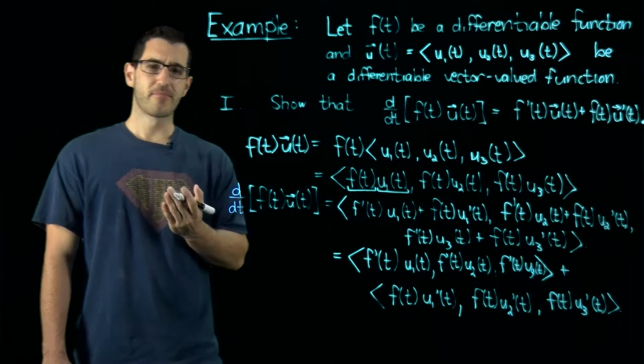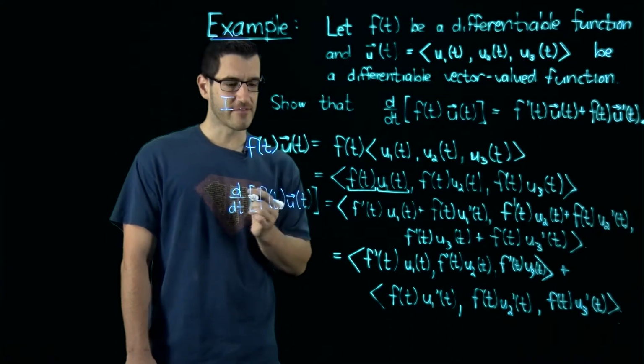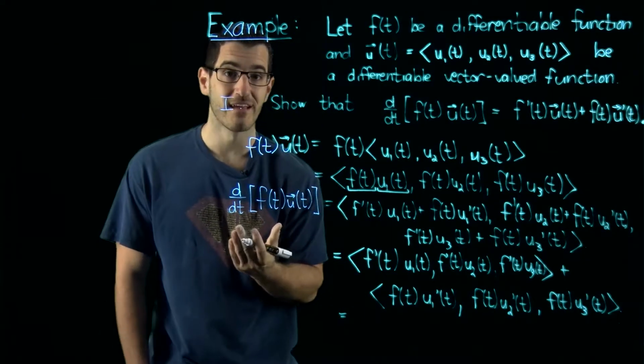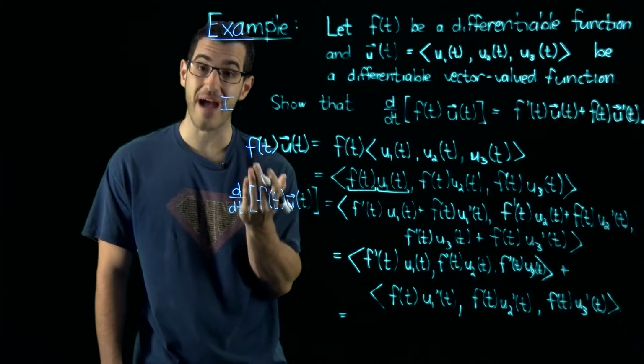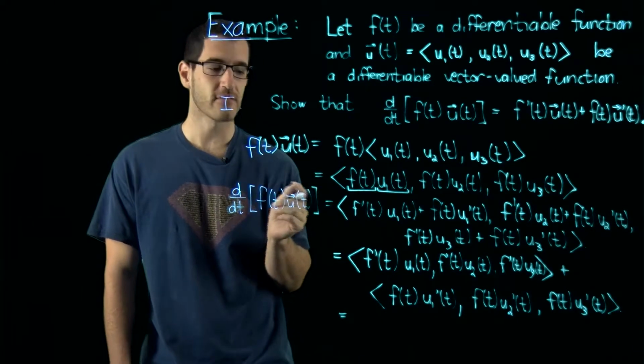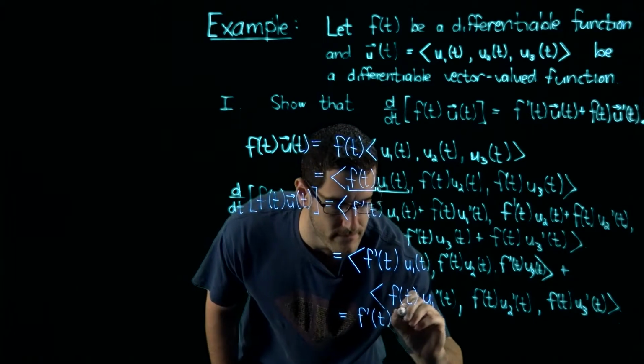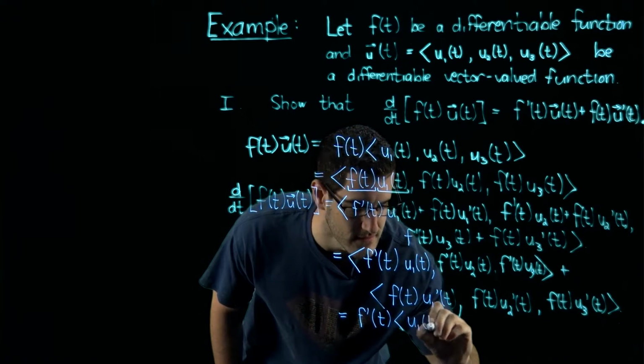So now that I've separated this, I can actually look at that first vector, and I can see that every component has an f prime of t. So I can factor that f prime of t outside to write this.